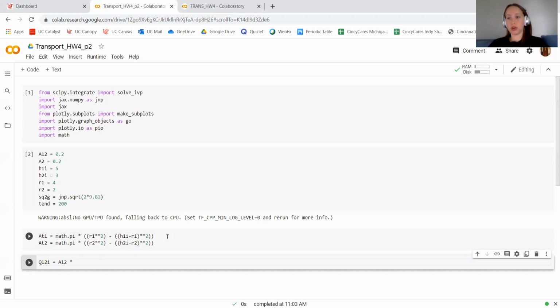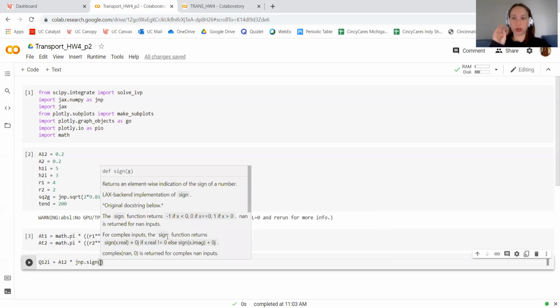And in part 1, we derived an equation for that velocity. So the sine of the initial height 1 minus the initial height 2 is going to give us that sign that's not accounted for because of the square root. Again, we did that in part 1.